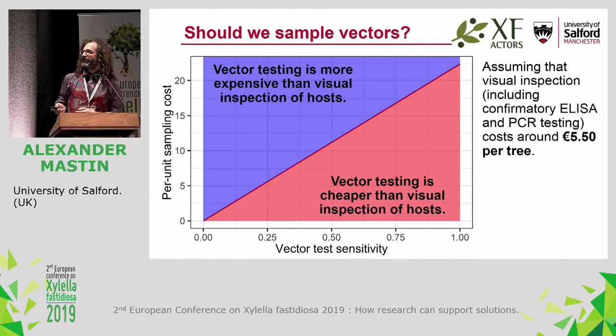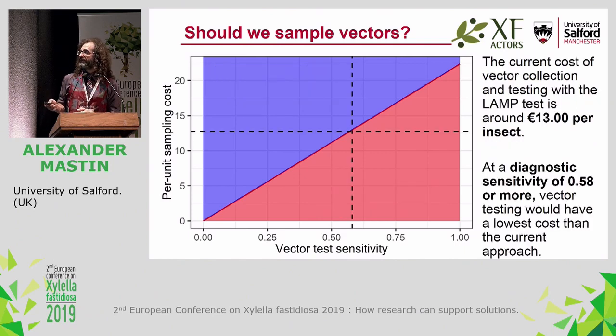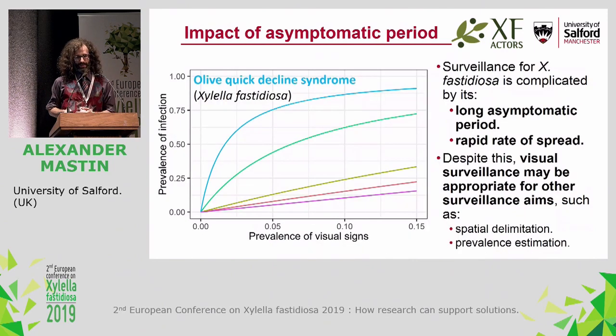Using some provisional results from the LAMP test, which we worked out costs around €13 per insect, basically we'd have to have a diagnostic sensitivity, so a probability of correctly identifying infected vectors, of around 0.6 or so, for that to be a useful alternative to visual inspection.